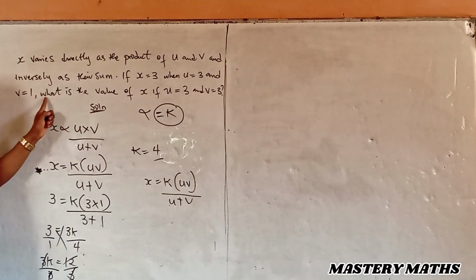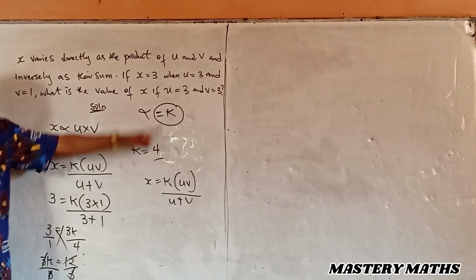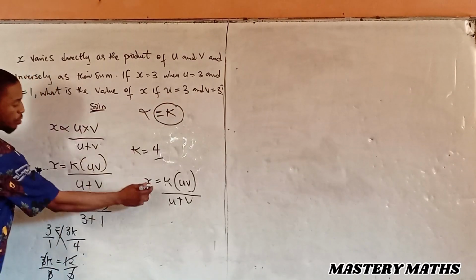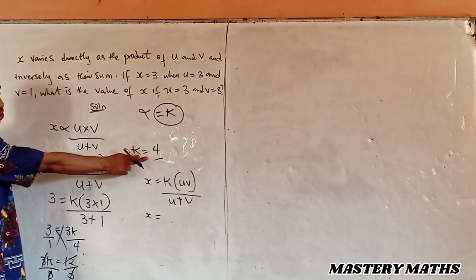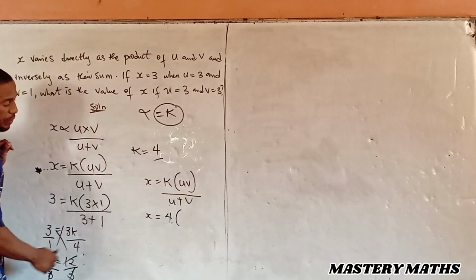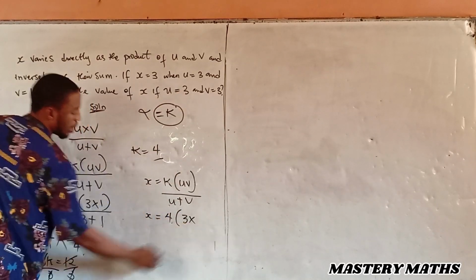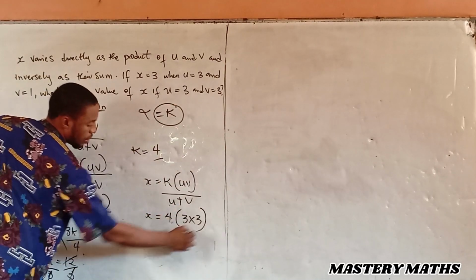Now they said, what is the value of x if u is 3 and v is 3? Now we'll bring down our x equal to, now we have k because we solved for k, which is the constant. So our k now is 4, open the bracket. Now what about u? u is 3 times, what is the v? v is 3.